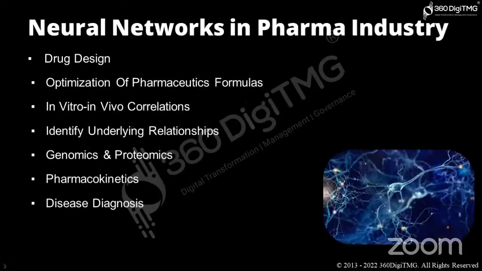We have several applications of neural networks in the pharma industry, such as drug design, optimization of pharmaceutics and formulas, in vitro, in vivo correlations and identifying underlying relationships, genomics and proteomics, pharmacokinetics, and disease diagnosis.